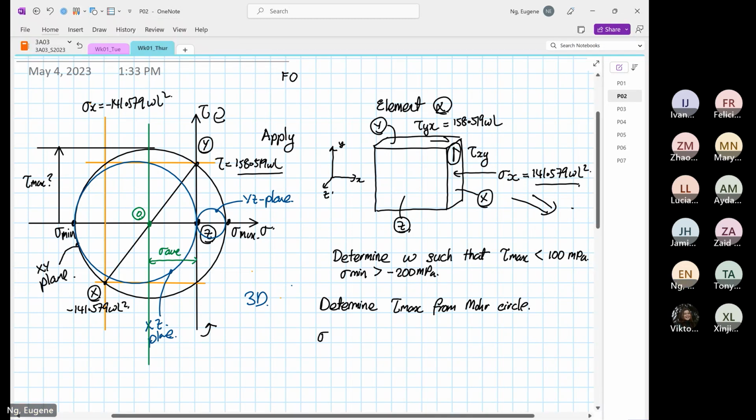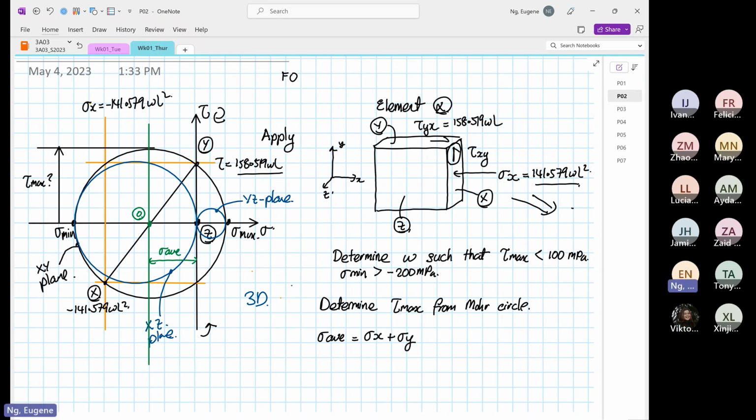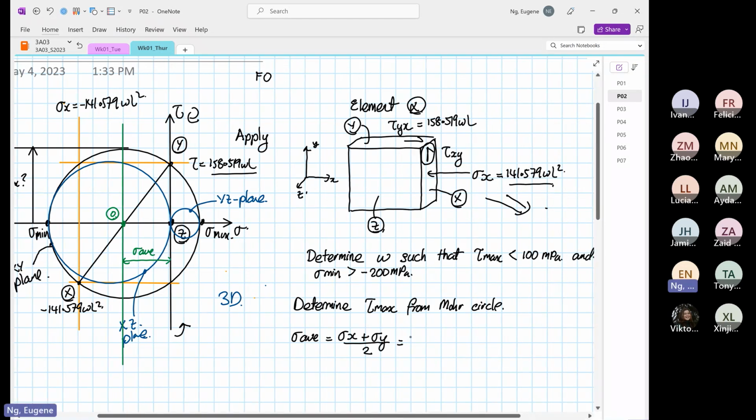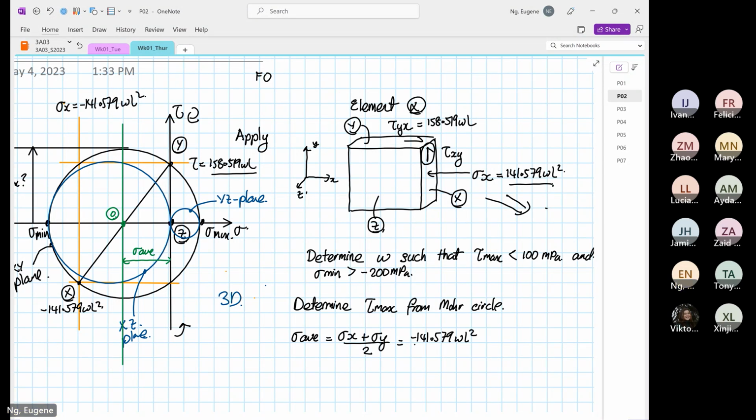Stress average will be equal to normal stress X plus normal stress Y divided by 2. So stress X is minus 141.579 omega L squared divided by 2, and this will be equal to minus 70.79 omega L squared.